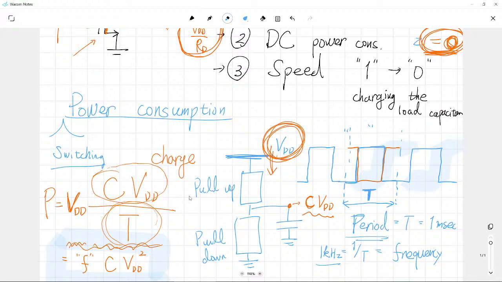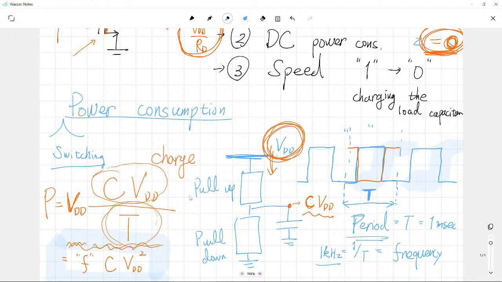The basic principle is just from the viewpoint of our voltage source VDD, it gives charges to charge it. After that, it is discharged, and this later discharge is done by the pull down device. But anyway, the total amount of power spent by our voltage source is simply given by this one.